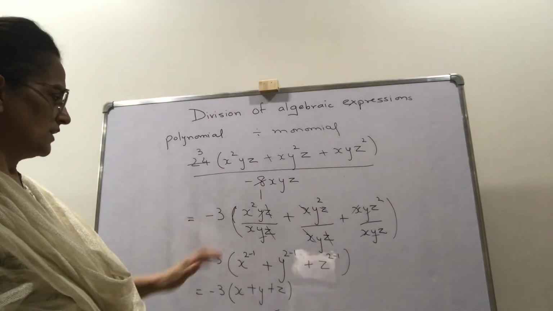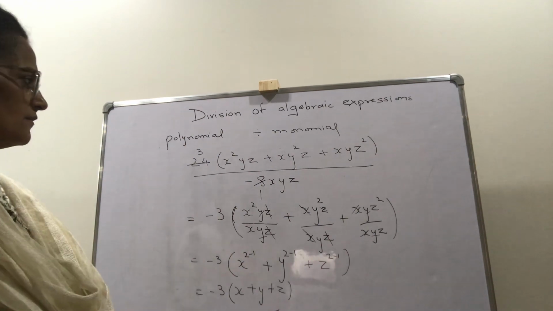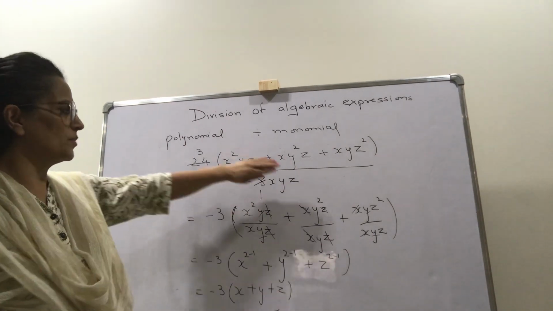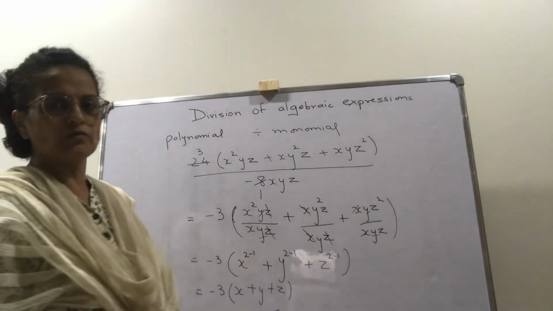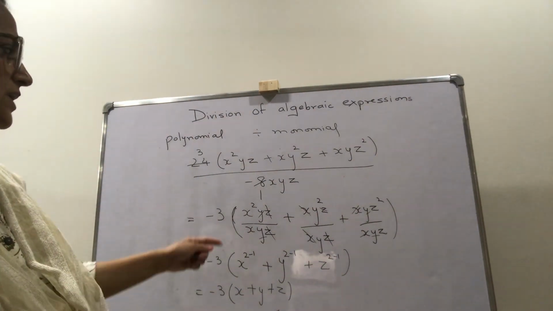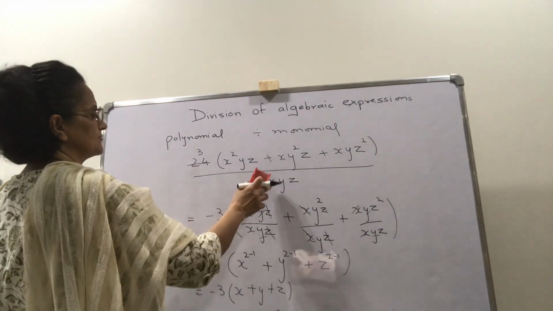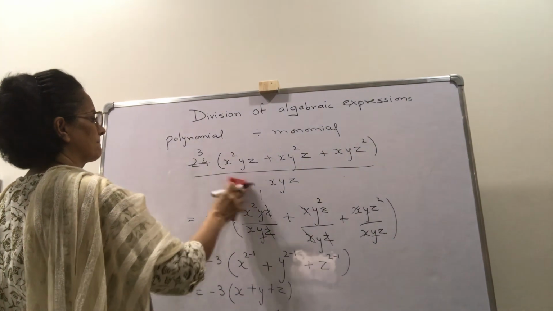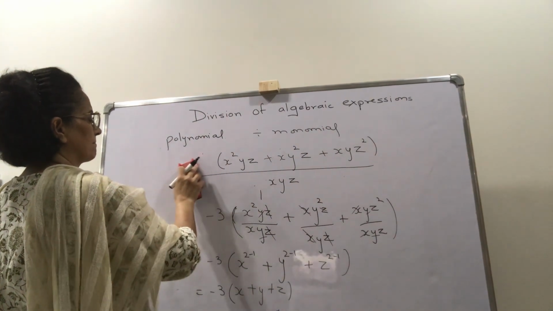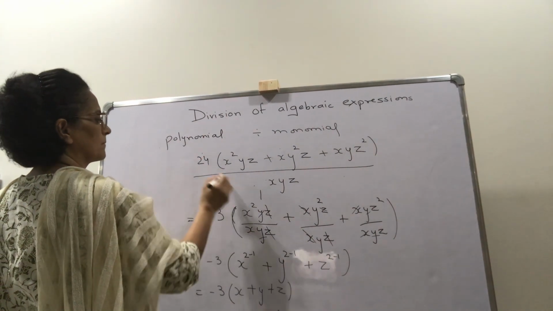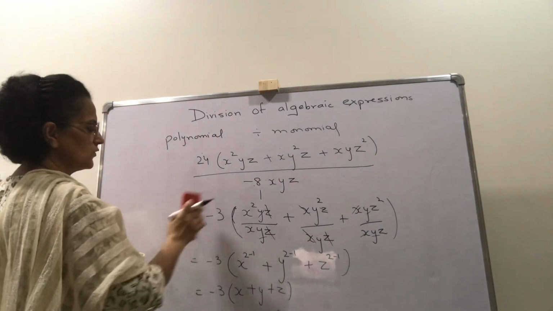So let's do the same thing in another way. Either you give this denominator to all the terms and solve it, or let's do it in another way. So this was my question.